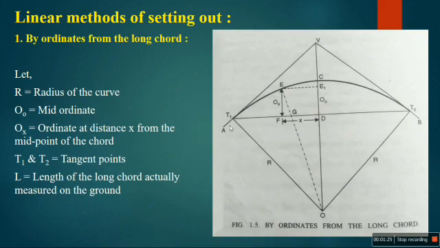T1 and T2 are the two tangent points, and L is the length of the long chord. In this derivation, first I would like to find out the formula for O0. Later, you have to derive the formula for OX.